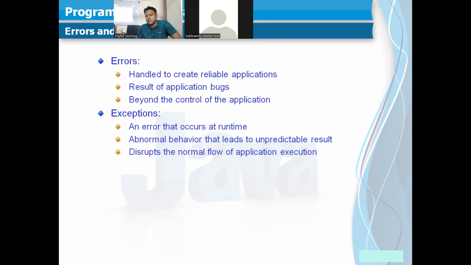What is an exception? That is an error that occurs at runtime, an abnormal behavior that leads to an unpredictable result. It disrupts the normal flow of your application. Normal flow of your application is disturbed in the case of exception.